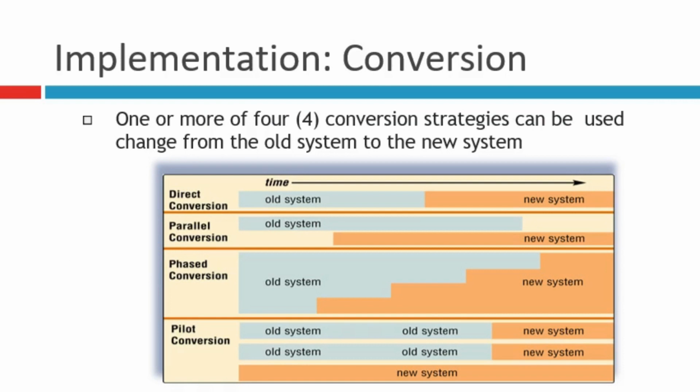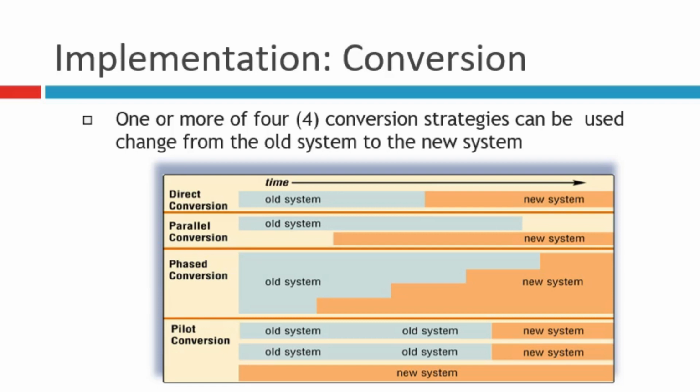Activity 4. Conversion. Conversion is actually the last activity in the implementation phase. Once the system has been developed, installed, and tested, and you have trained the user, it is time for the user to convert to the new system.